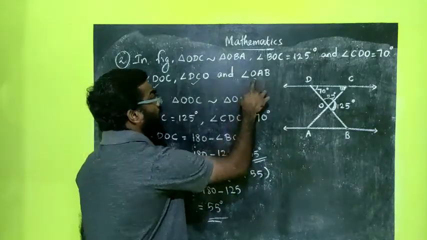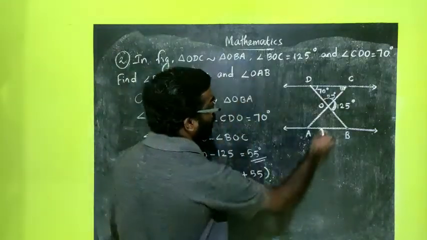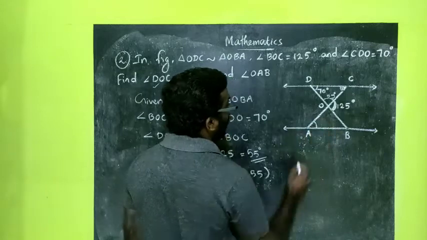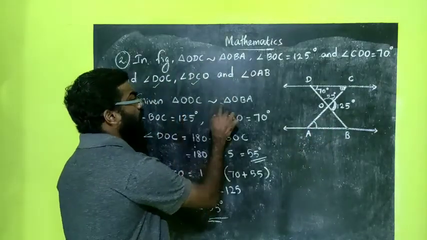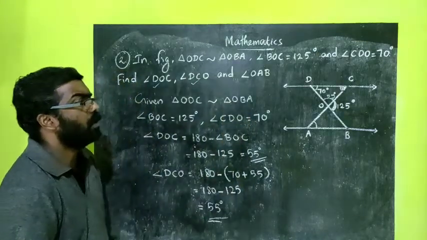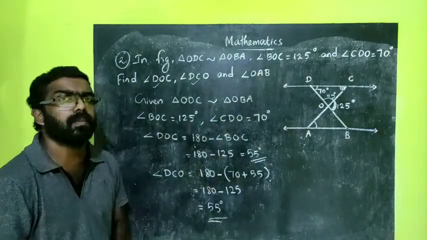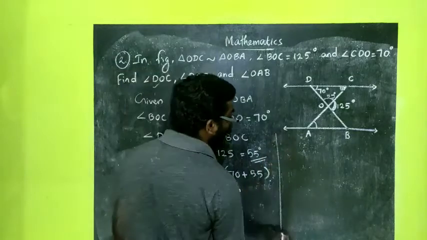Now one more question is there, angle OAB, this angle OAB. We are given triangle ODC is similar to triangle OBA, so the corresponding angles are equal.